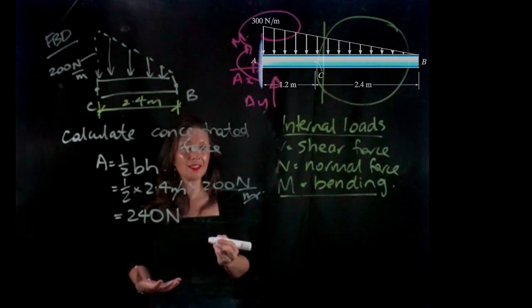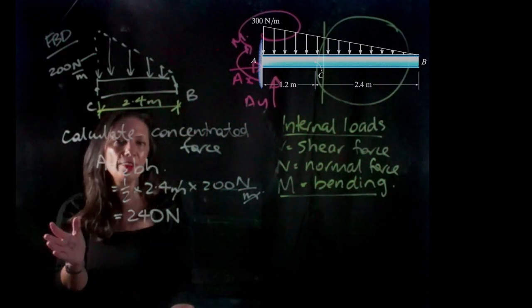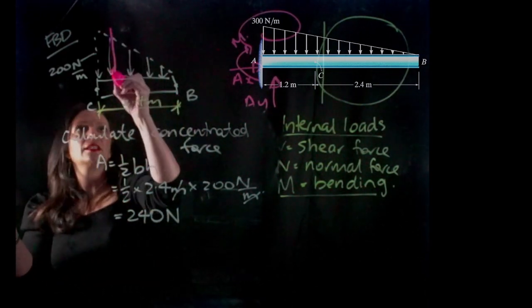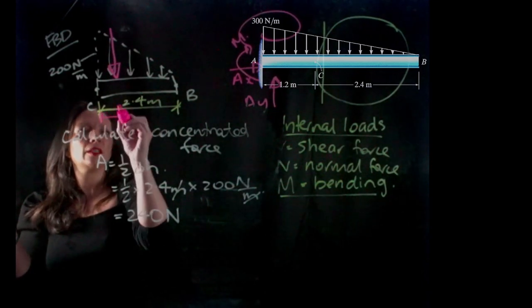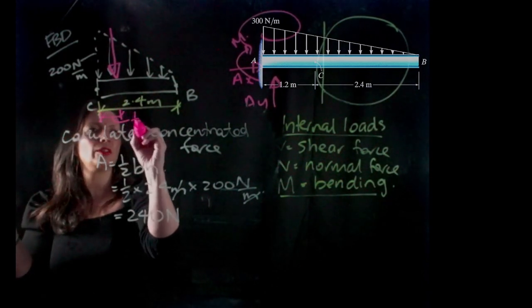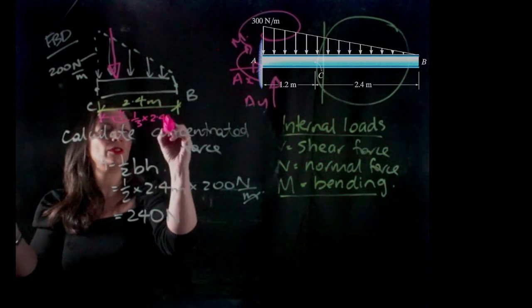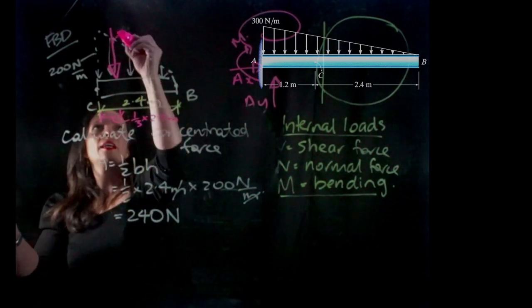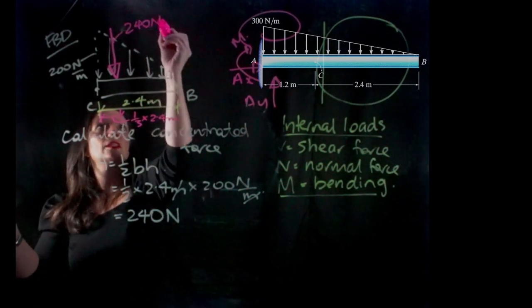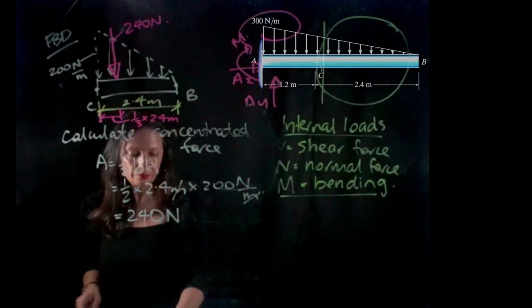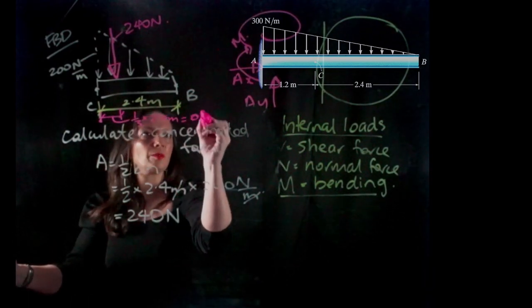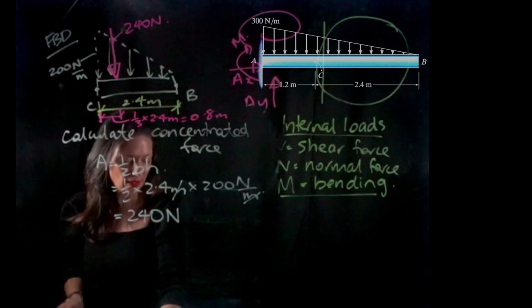And where does that sit? That sits at 1/3 from the heavy side. Okay? So it's going to be 1/3 times 2.4 meters, so that's going to equal 0.8 meters.